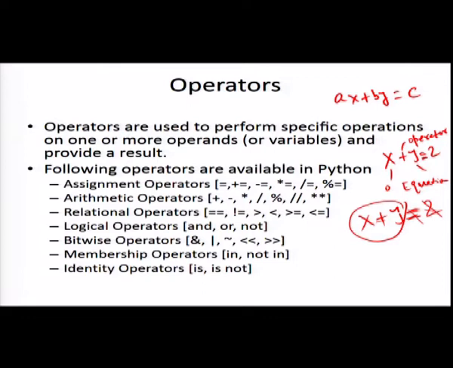Then the other type of operators are the arithmetic operators. Day in and day out, starting from your schooling, you would have seen many different arithmetic operators such as addition, subtraction, multiplication and division. Similarly, the same set of operators we call arithmetic operators: plus, minus, star and slash.